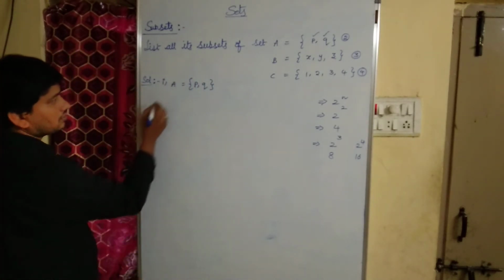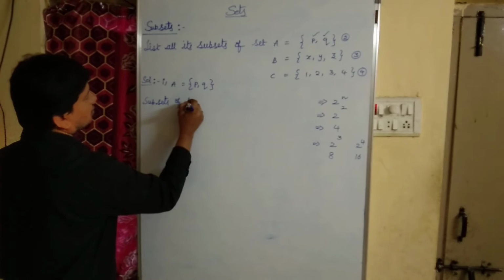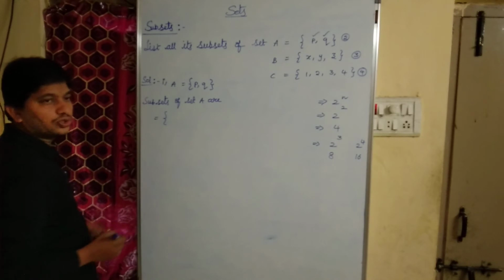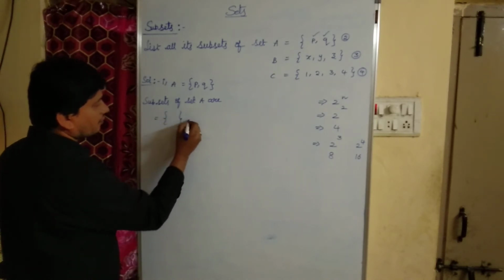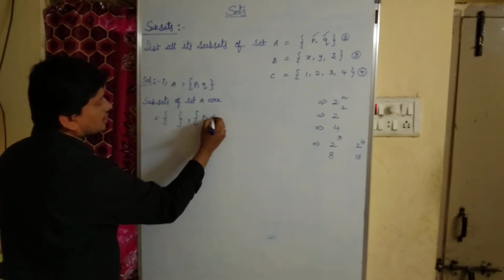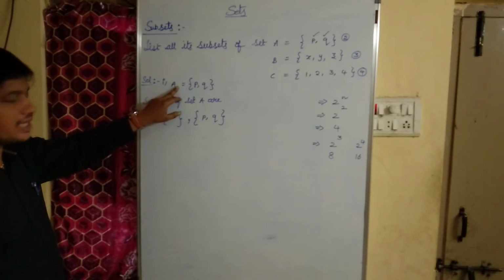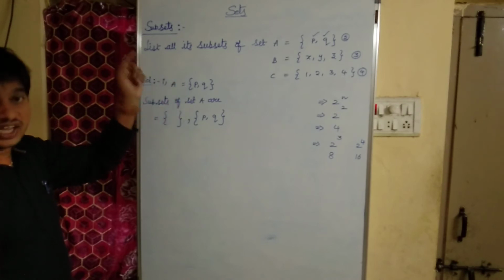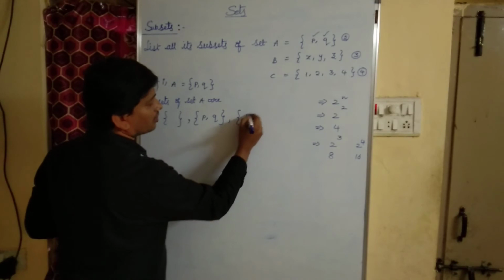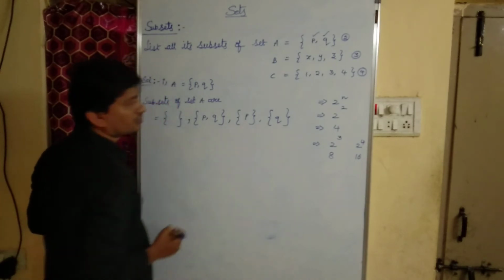So let me write the subsets of set A. As I told you, empty set is a subset of every set, and every set is a subset of itself. Now the remaining two elements we have to write individually. One is set P and the other one is set Q, right?